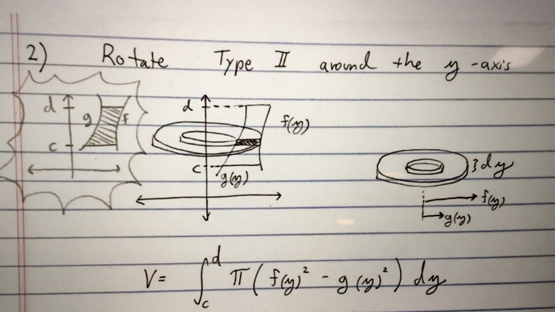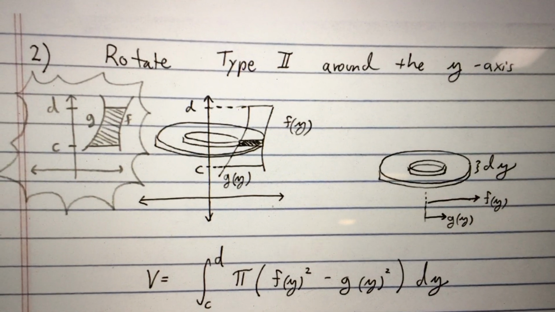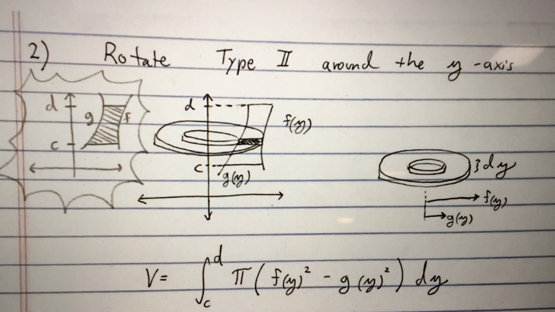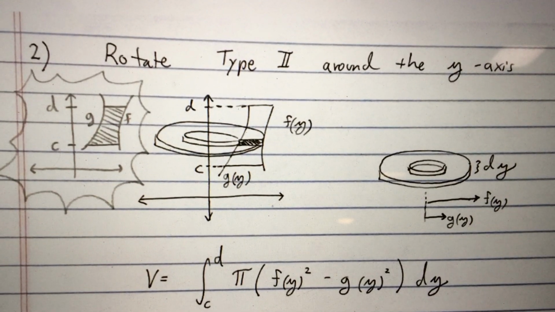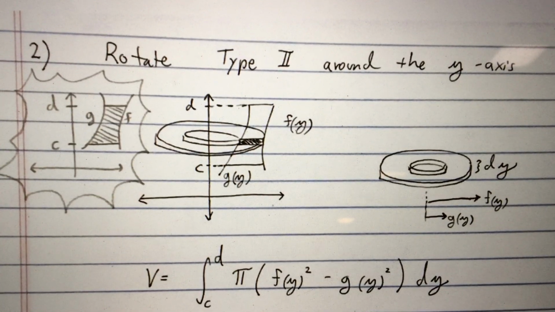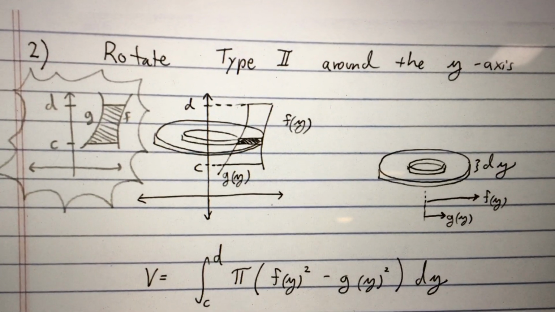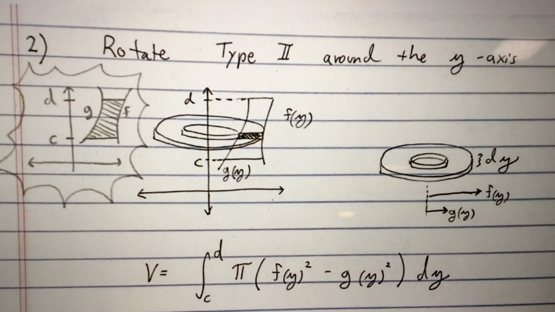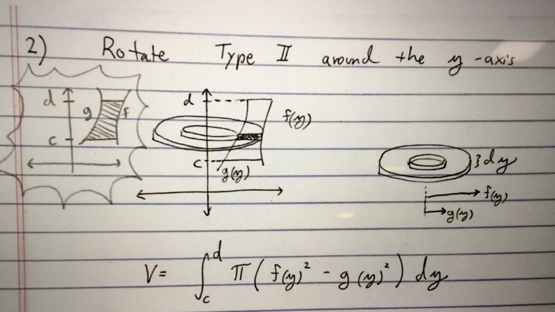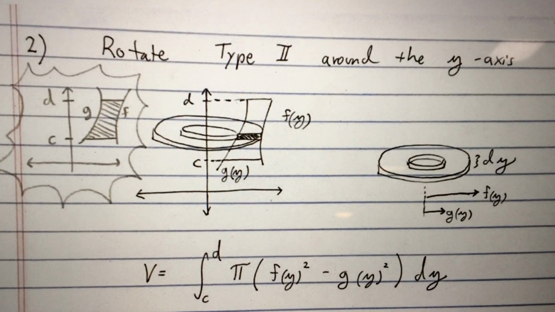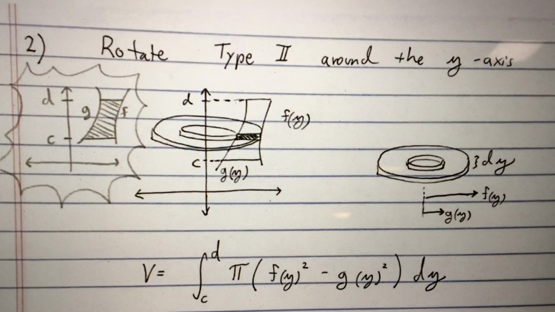It has a thickness this time, which is dy. And it has two radiuses. The bigger radius is going to be the function that's further away from the y-axis, that's f of y, and the small radius is going to be the one that's closer to the axis of rotation, that's g of y. So the volume will be the integral from the low point to the high point, since they're y values, of, and this is pi r squared minus pi r squared again for the two radiuses.